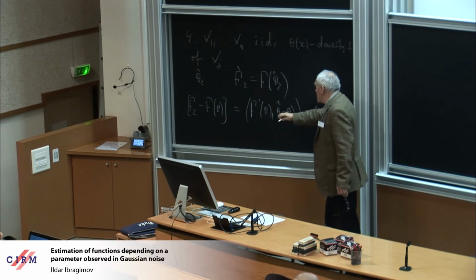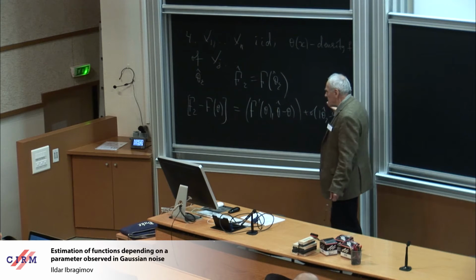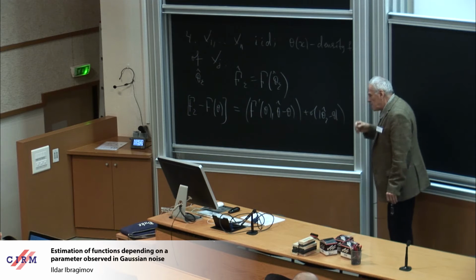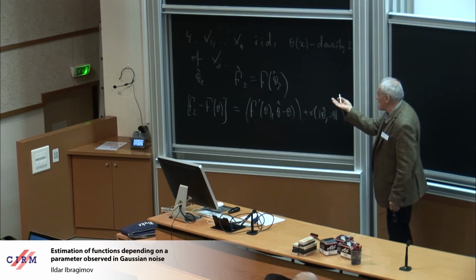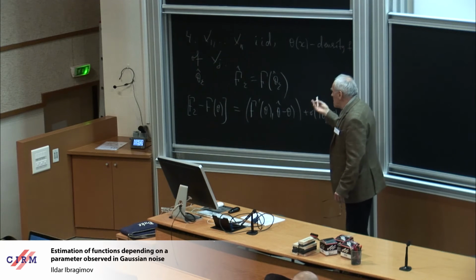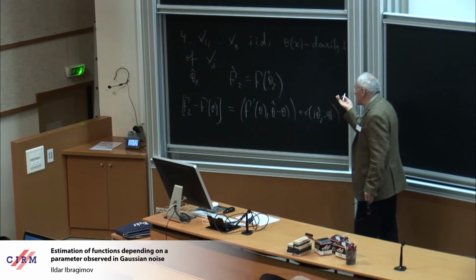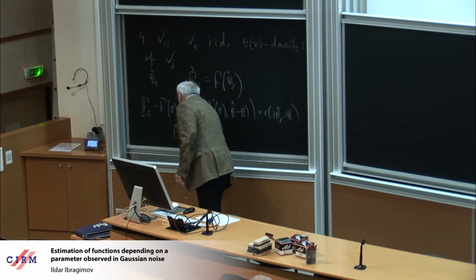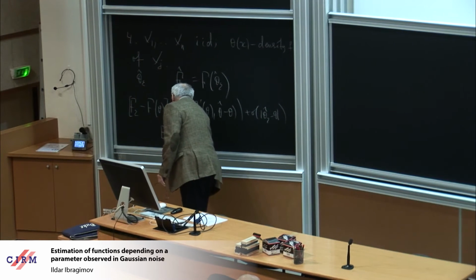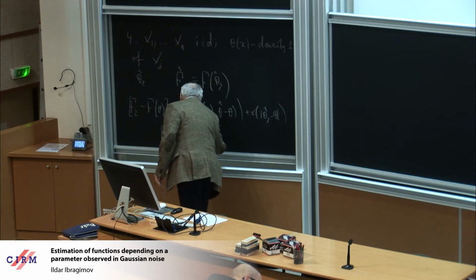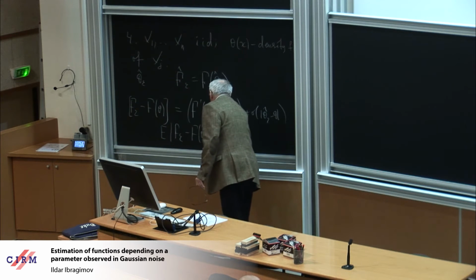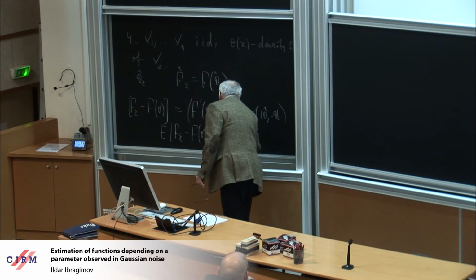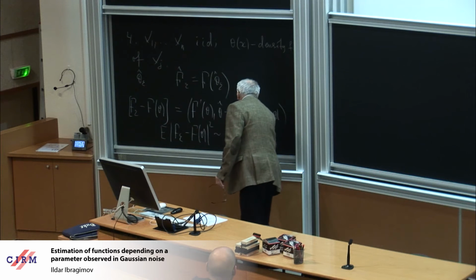Well, and because theta hat minus theta has asymptotically normal distribution, then it's very easy to see that the expectation of f hat epsilon minus f of theta squared will be asymptotically epsilon squared and norm of f prime theta.